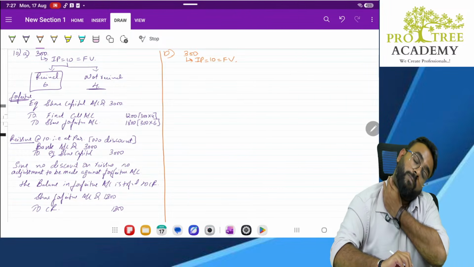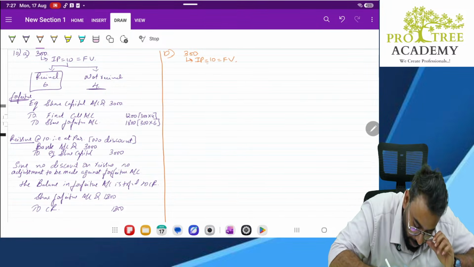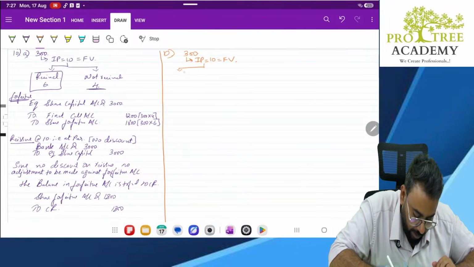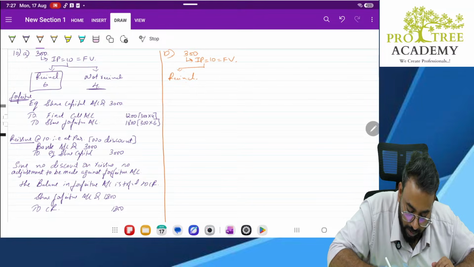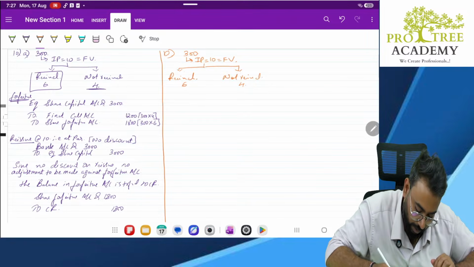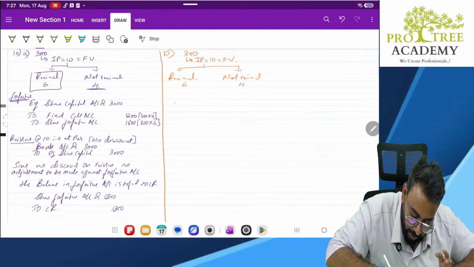No security premium. Clear? Everything remains the same. Received 6, not received 4. This entry remains the same.